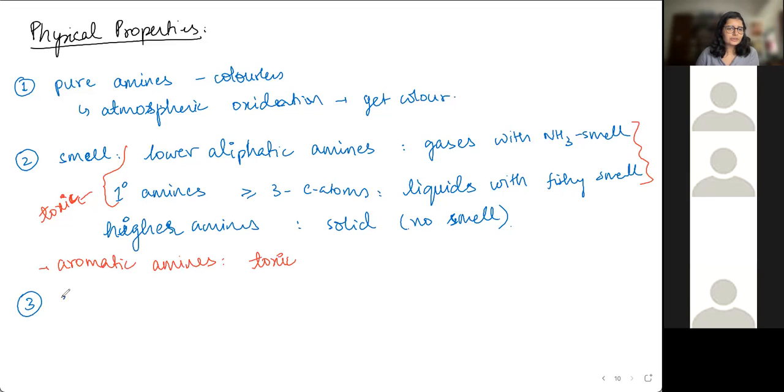Then let's look at the solubility. Solubility follows the same pattern as what you'd find with alcohols and carboxylic acids. So solubility decreases as the number of carbon atoms increases, as always, because the hydrophobic end increases. So the solubility of the smaller amines is high because, just like with other soluble organic compounds, they form hydrogen bonding.